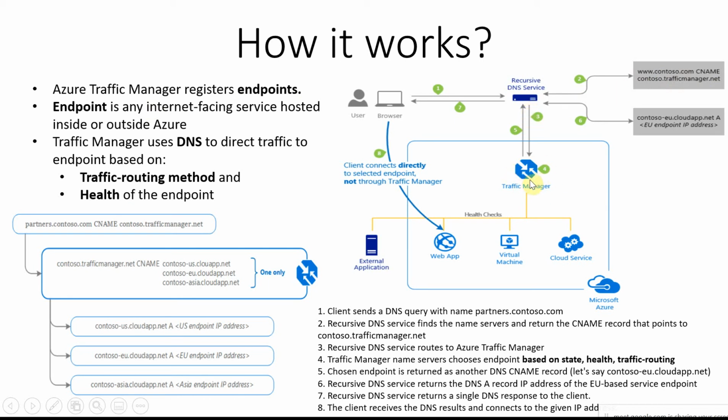The DNS service will identify what the traffic manager or equivalent is, and route the traffic to that component. Let's assume this traffic manager has many options, and it has to pick one: US, EU, Asia. Then it will look at health checks and other parameters and fetch one. Let's say EU. Again, it will give you the IP address of that, so the browser will get the IP address.